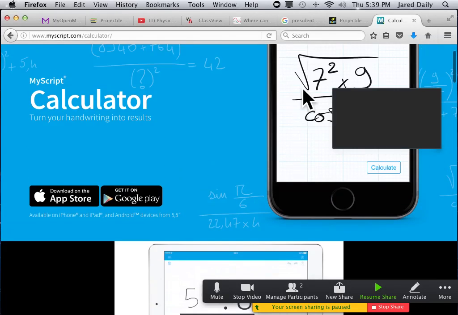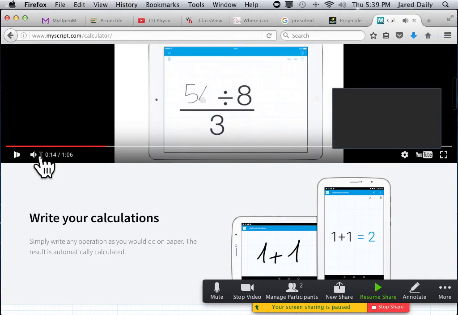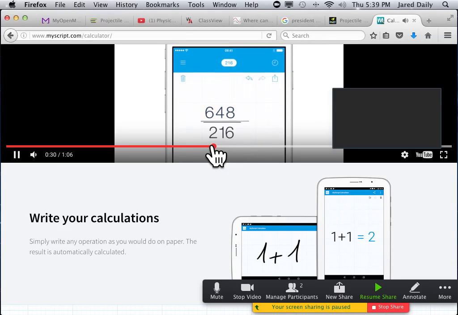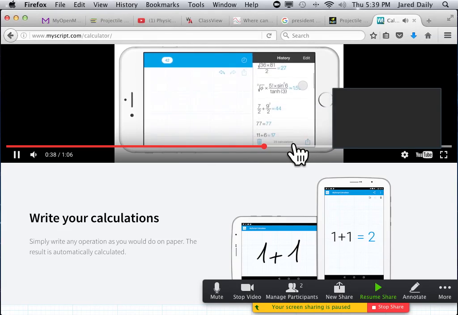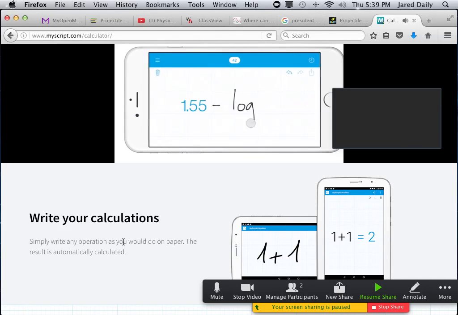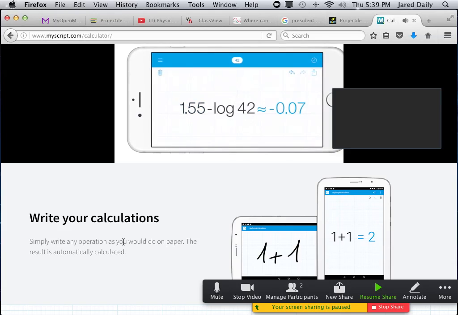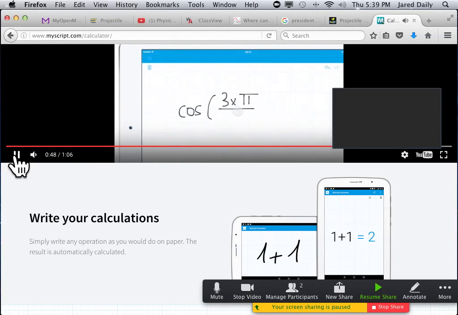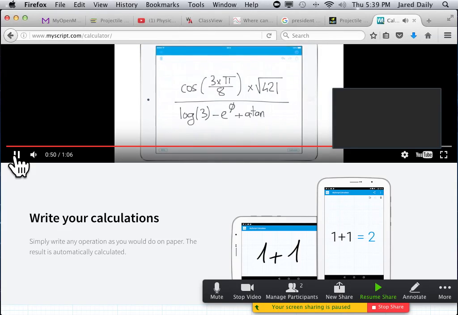But it can do some pretty intense stuff. It can do sine, factorials, logarithms. And then you can copy things and paste them and save them.